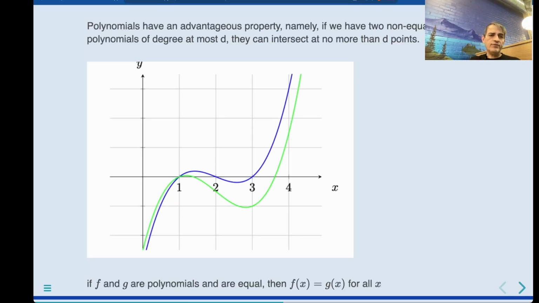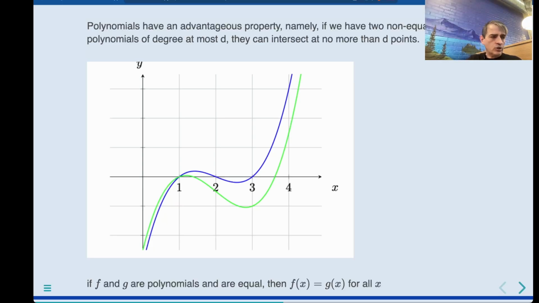Now, if I said to you that I've got two polynomials, and here we've got them drawn out, so it's really obvious that they're different. But if we didn't have them drawn out, if you didn't know the equations, if I said I had two different polynomials, maybe I know how to evaluate them, and I wanted you to check whether they're the same or not, well, we can do this by evaluation. So we can evaluate our two polynomials.